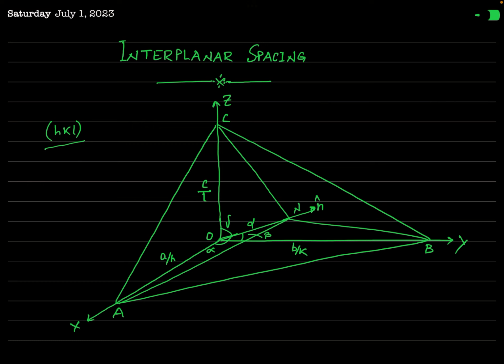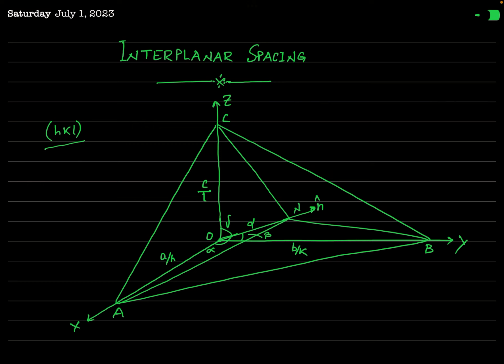And that plane is drawn, and that plane cuts the crystallographic axes at points A, B and C shown in this figure. So ABC is a crystal plane which is parallel to the plane on which the origin O is lying.